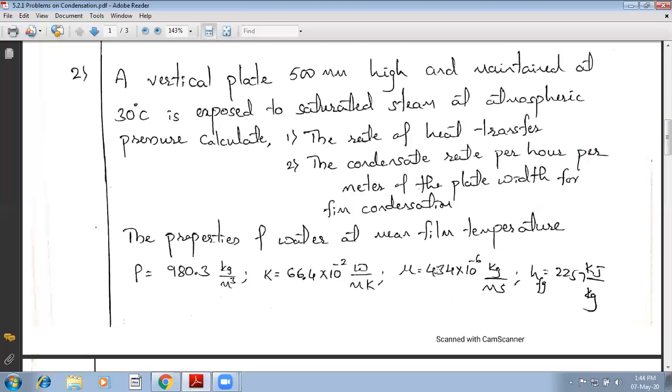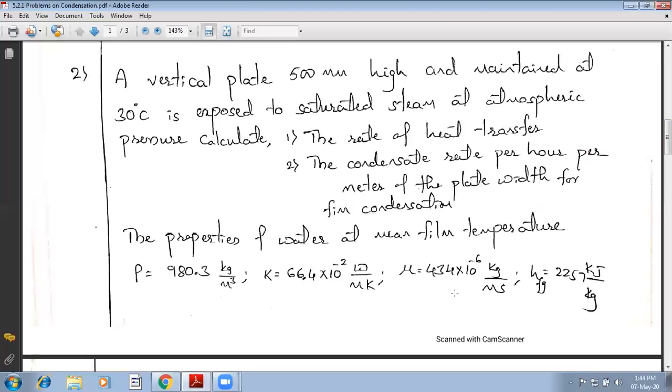The regular units that we use for dynamic viscosity is Pascal second or Newton second per meter square. Now, if you deduce the unit of Pascal second or Newton second per meter square, again you will end up with this simplified unit, that is kg per meter second.